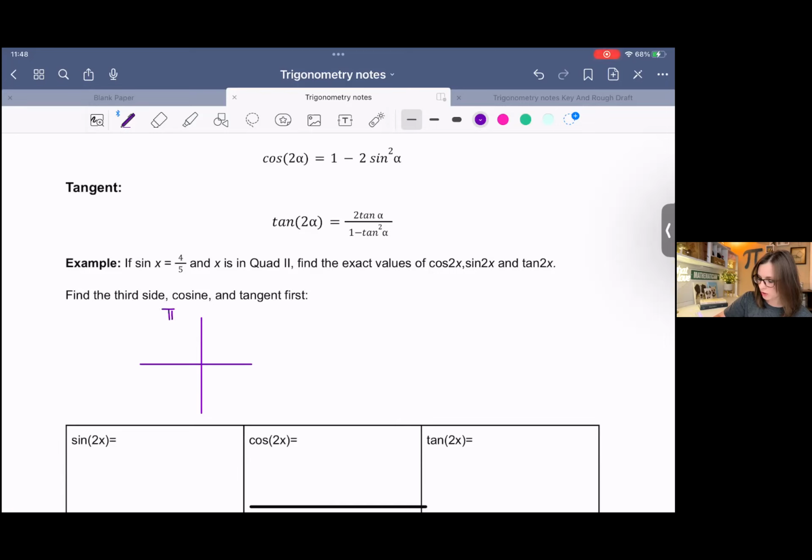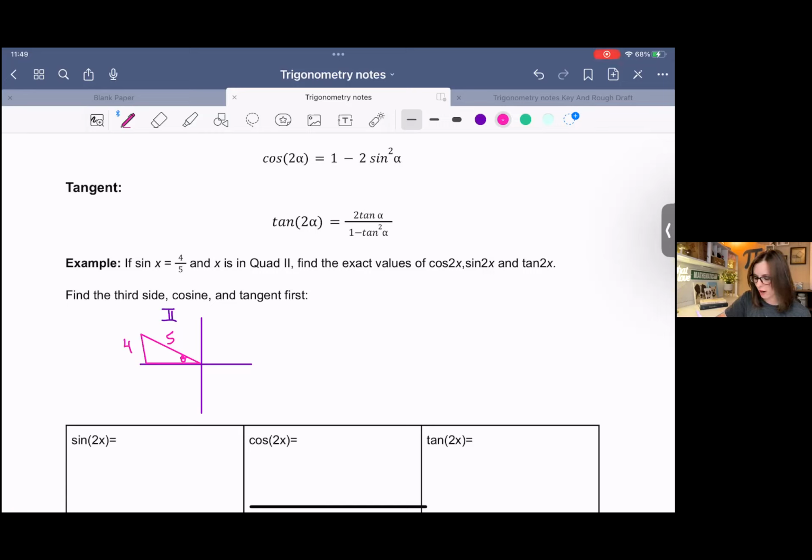Quadrant 2 is over here. And I've got this triangle. And this is going to be theta. Sine is opposite over hypotenuse. So this is going to be 4. This is going to be 5. You can use the Pythagorean theorem to figure out the other side, but this is a common triangle.